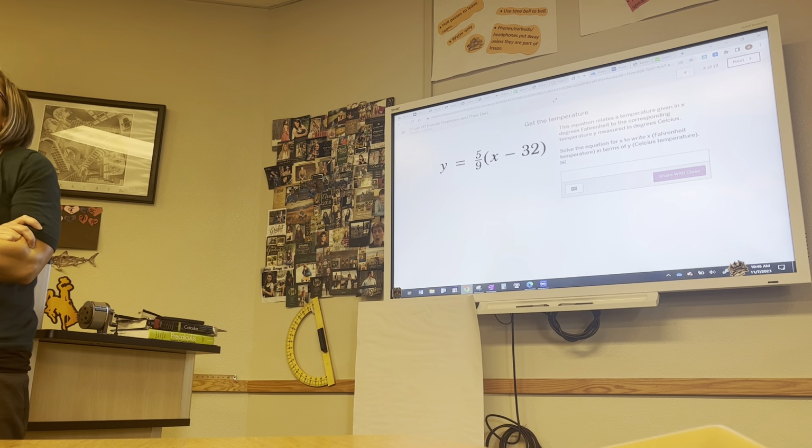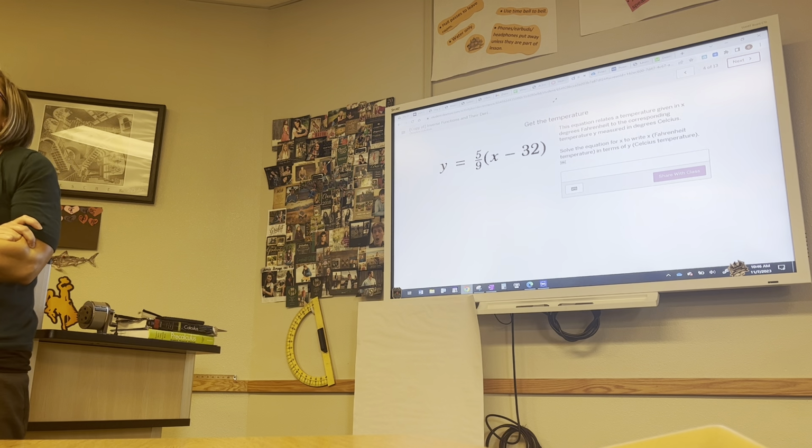Okay, so next, it's heating up. So now we're going to put it in function notation, and so it produces Celsius temperatures. In addition, let f of y be the function that converts a temperature given in y degrees Celsius to Fahrenheit. Okay, so all this is saying is we're just going to write what we did before in function notation.